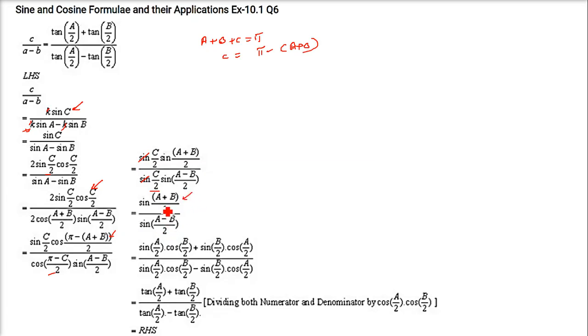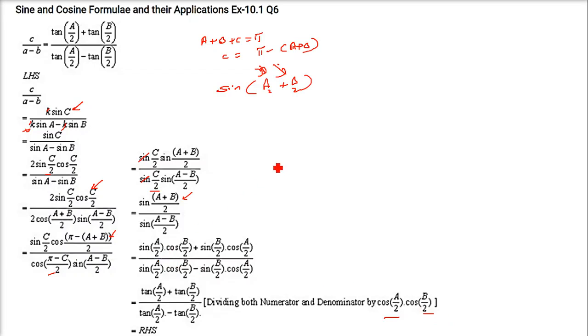Now just open it. This is sin(A/2 + B/2), so this is the sin(x + y) formula: sin A/2 cos B/2 + cos A/2 sin B/2. In the denominator also, sin A/2 cos B/2 − cos A/2 sin B/2. So now divide numerator and denominator by cos A/2 and cos B/2. See, I'll show you one of these.